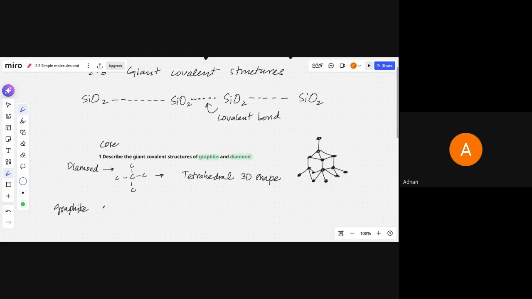Both diamond and graphite are allotropes of carbon. What are allotropes? These are the same element, but found in different structural forms. Same element, a different structural form, that is an allotrope. Do not confuse it with an isotope.